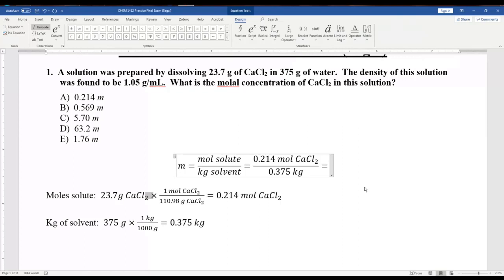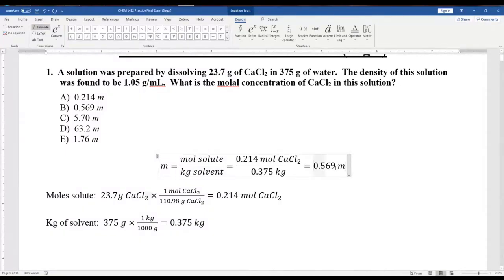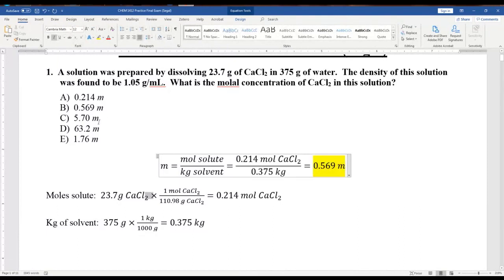And if I do that, what do I get? 0.569 molar. Or molal, rather. So this would be the answer to this question.